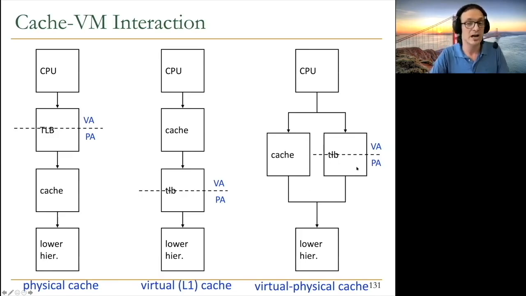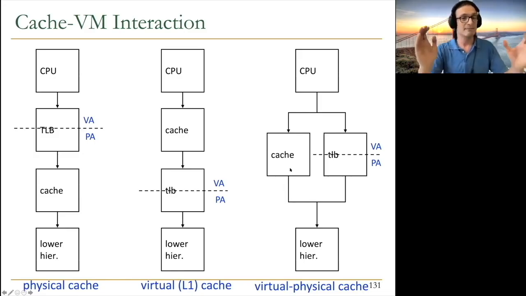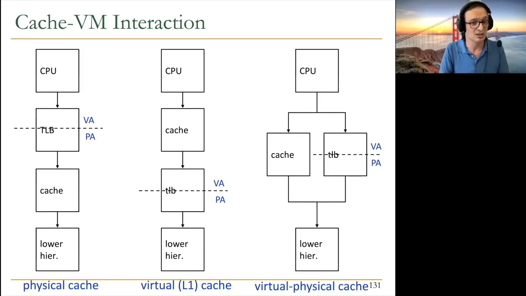Usually you do a compromise that looks like this, a virtual physical cache or virtually indexed, physically tagged cache, where you access the cache concurrently with the TLB, and then you do the tag check using the physical address. Now, for this to work, you need to design your cache carefully such that the virtual index doesn't change during translation.